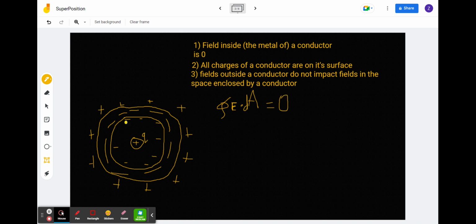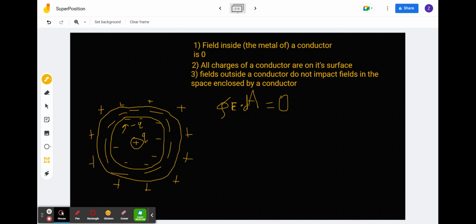So what does that mean? It means that the total charge on the inner surface will be negative Q, opposite to the charge, such that the net charge enclosed is zero. Make sure you understand that.